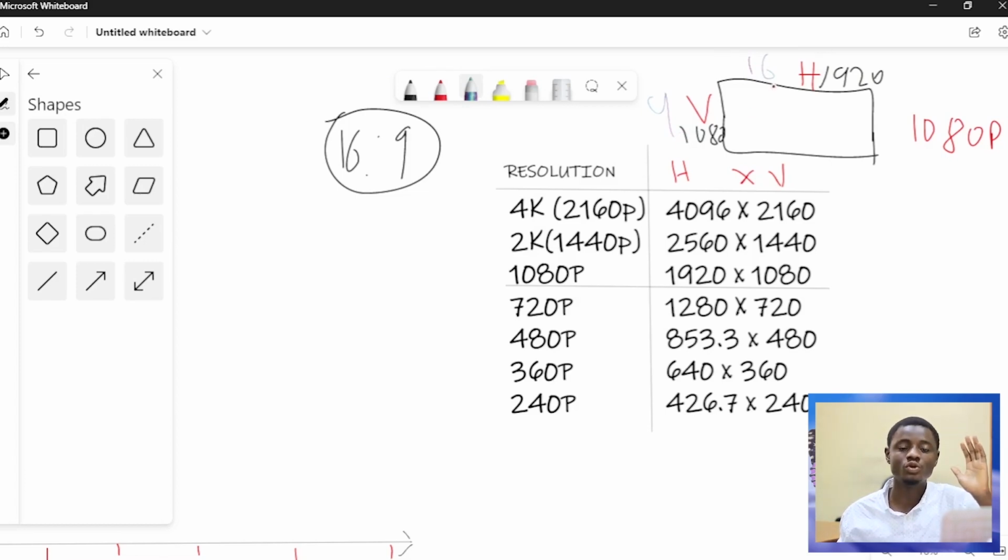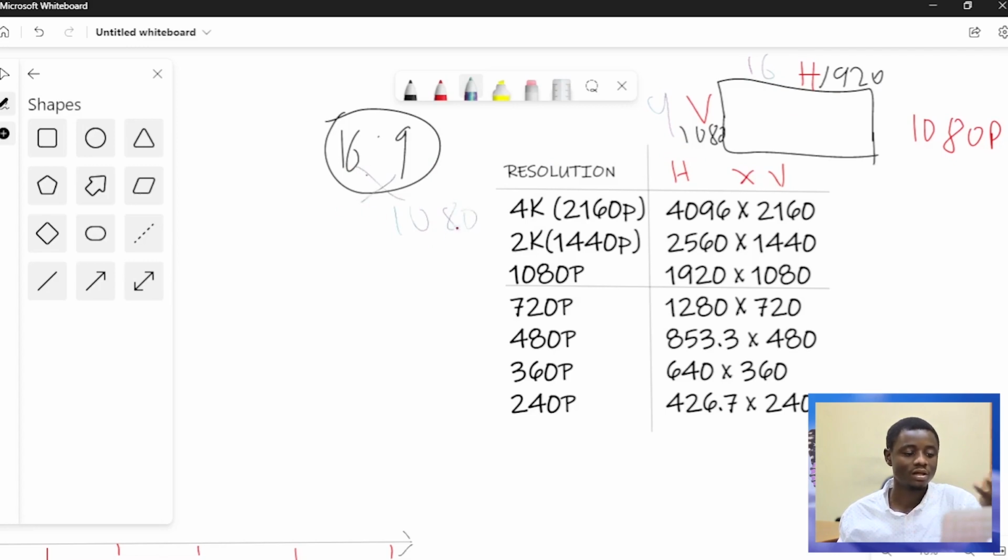So how do you know, based on you wanting to use 16:9, what will be the horizontal part of the video? To know is just simple mathematics. So mathematics comes in. So we have 16:9. Since we know 1080, which is the ratio 9, you put your 1080.